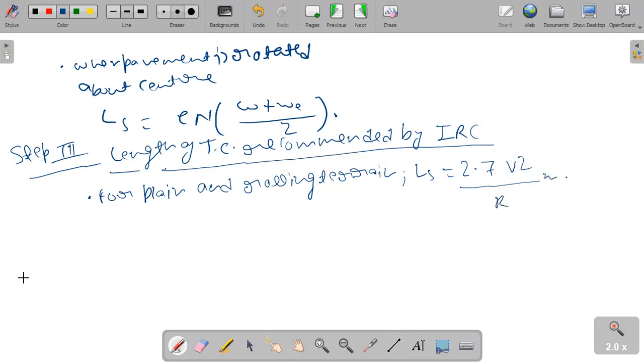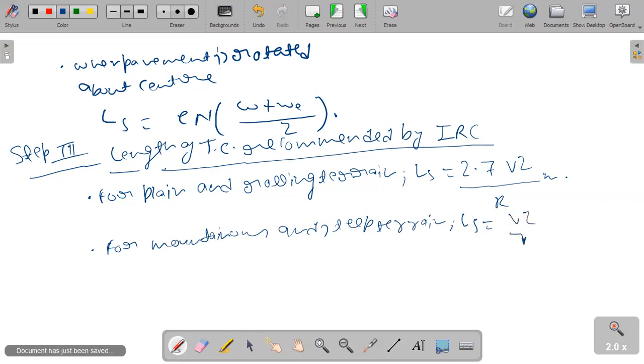And for mountainous and steep terrain, Ls is equal to V square by R in meter.